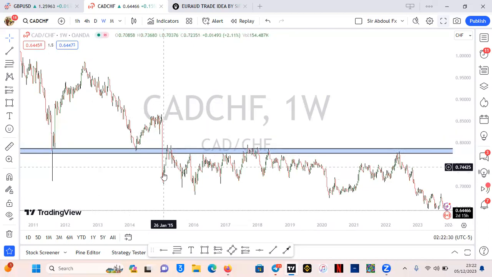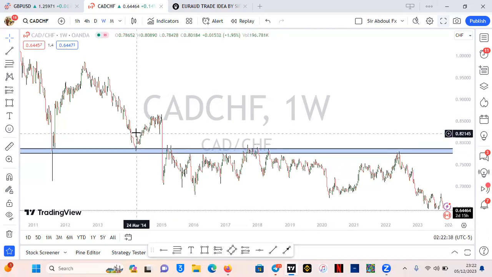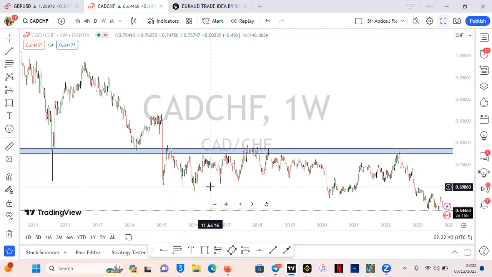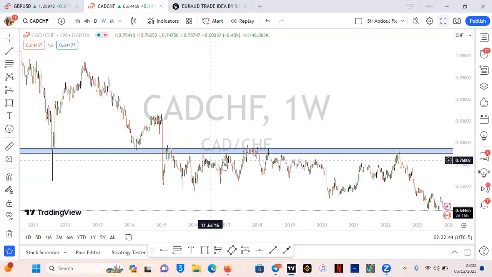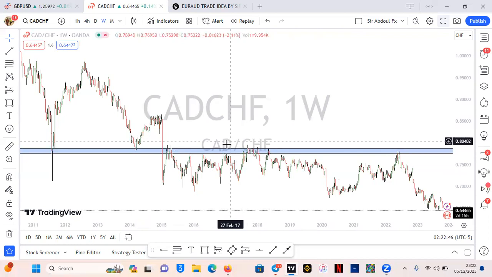But when the market comes and breaks it, it's trying to create sell. This is a resistance, right? You can see, and this is a support. So that's why we say if we break above, we are buying, and if we break below, we are selling. You understand? Now we got one major level, I think.